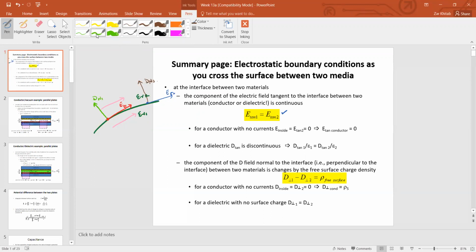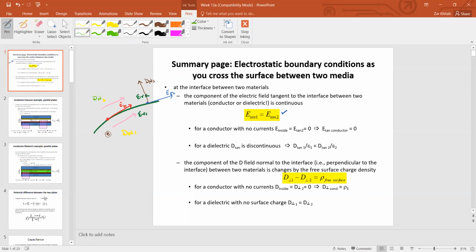Or even if we say some normal component is coming from this medium, D normal 1, and let us call this D normal 2, the normal component will only bring free charges to the boundary if there are free charges in the dielectric. Okay, it will only bring free charge.